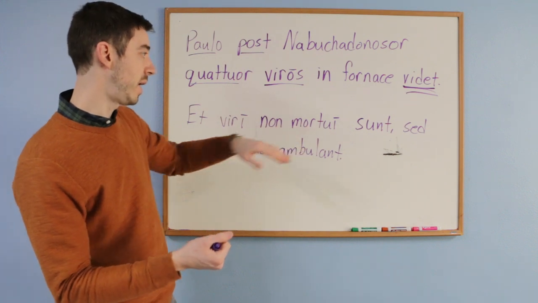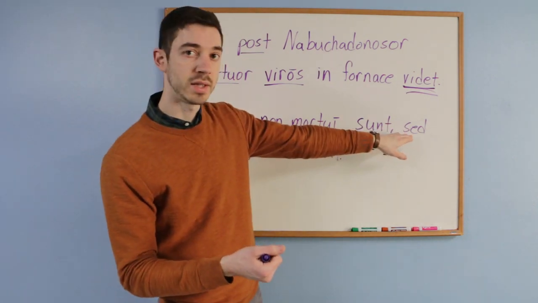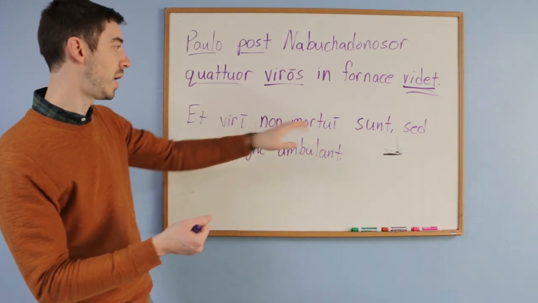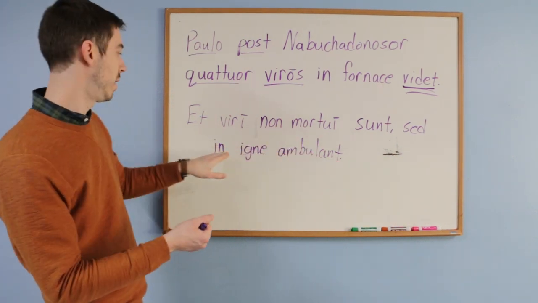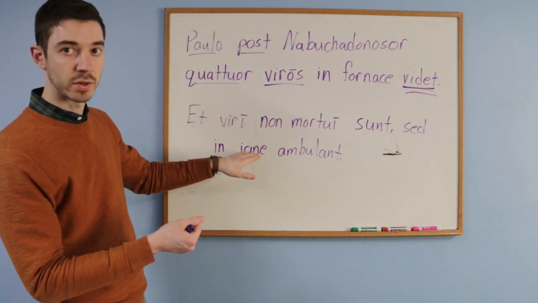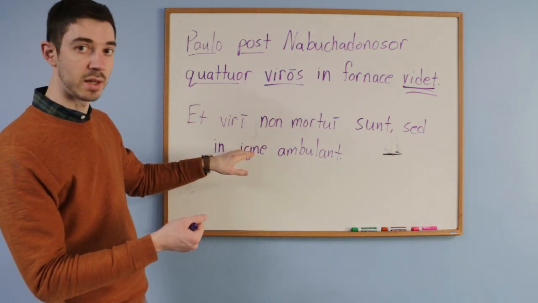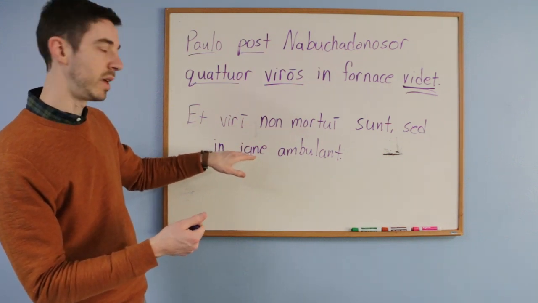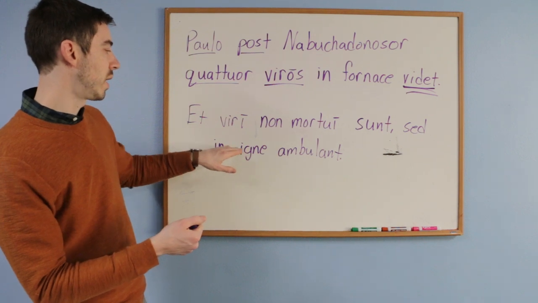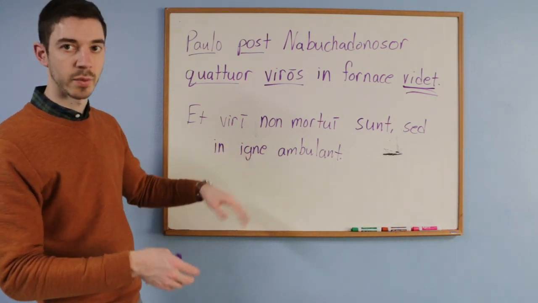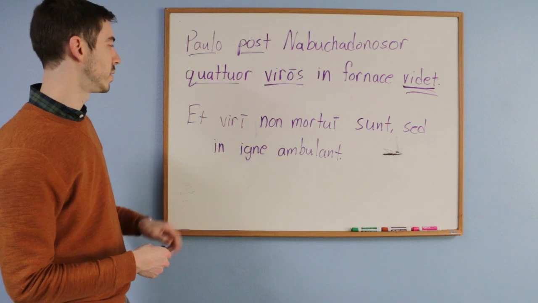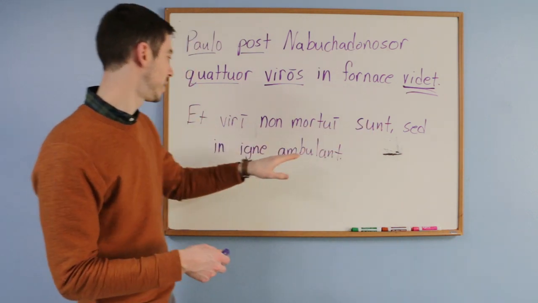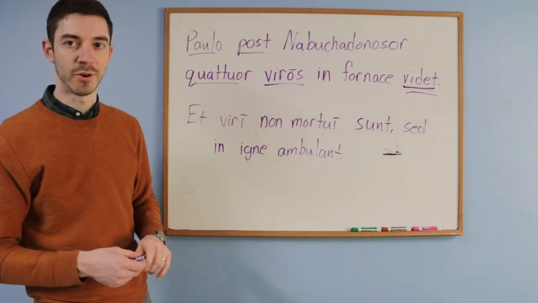So they are not dead, but, sed means but, in igne ambulant, but they are walking in the fire. So igne is from ignis, so this would be the ablative ending. And so they are walking in the fire. So in plus the ablative means in or on. So, and the men, they are not dead, but they are walking in the fire. All right.